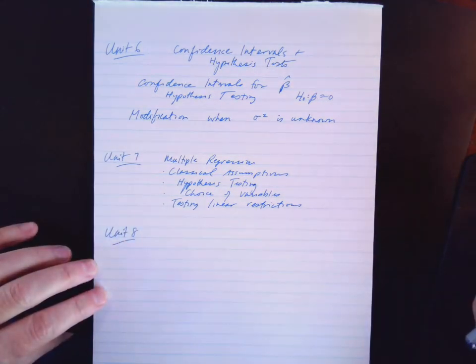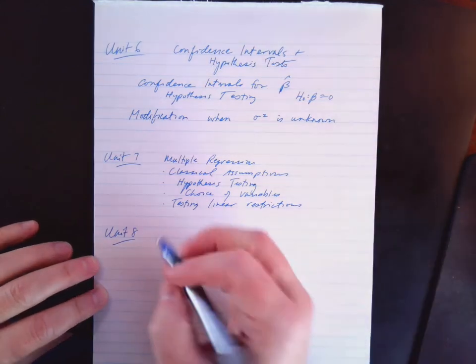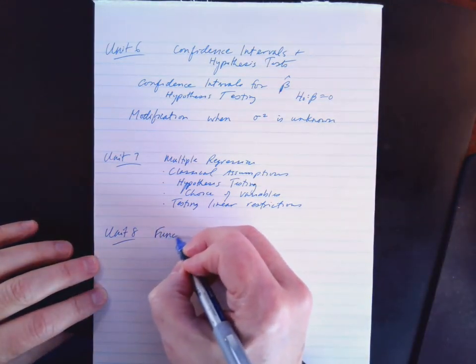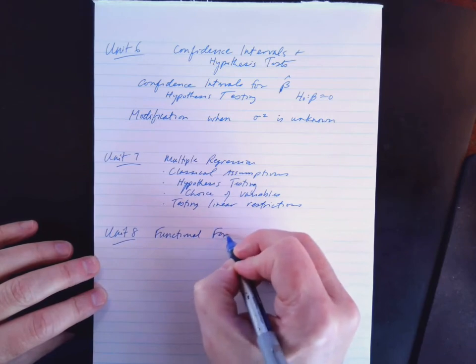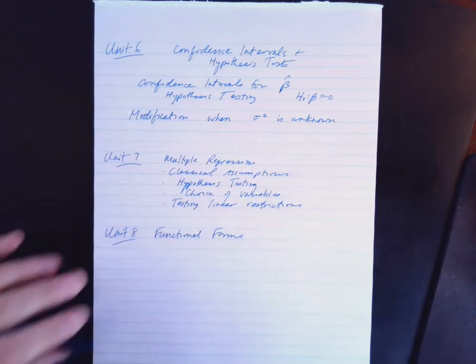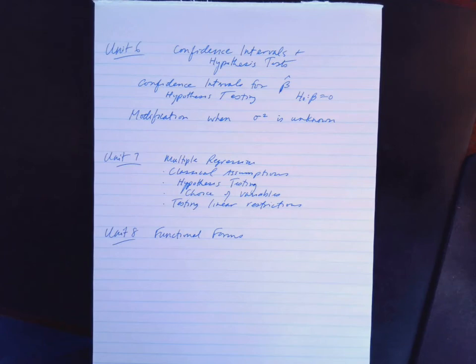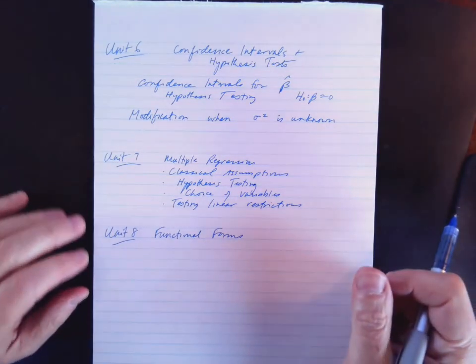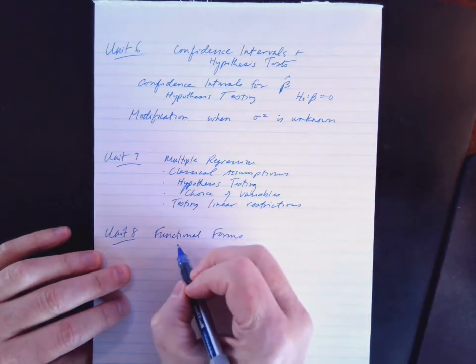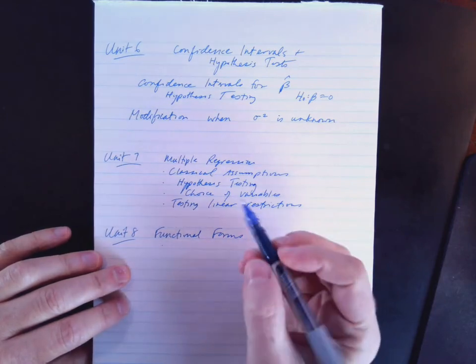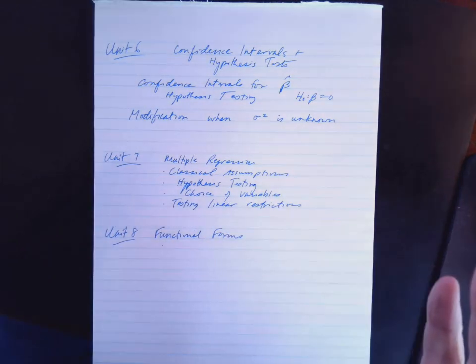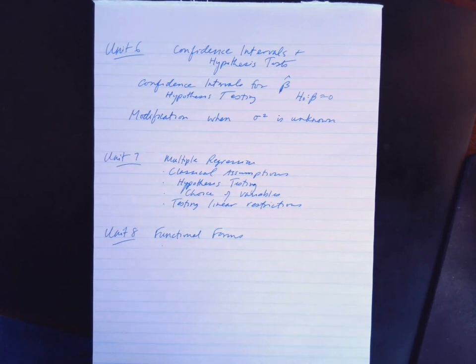Unit 8. Here we took a bit of a detour to talk about functional forms. This is because what we're trying to do is estimate a model, and we're trying to construct a model that will pull the information out of the data set that we're interested in. We talked about a few things like linearizing equations, like using logarithms, and adding quadratic terms to get curvature in the function.